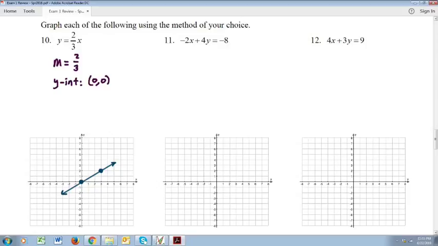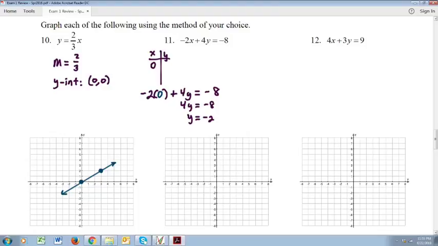Now in number 11, you kind of have a choice here. We can always solve for y and use the slope and the intercept. But in this case, actually using the intercepts is a pretty good choice because the -2 and 4 are both divisors of -8. So I'll do this both ways. I'm going to choose x to be 0. And when you do that, you get 4y equals -8, which means y is -2.